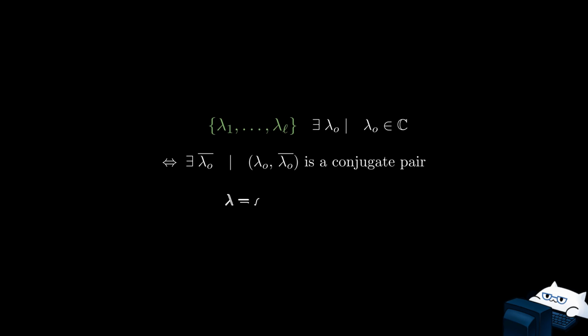Rewriting lambda and lambda bar using Euler's formula, we get this for each instance. This produces a real-valued combination with sine and cosine. From these real combinations, we can then apply the previous results without any restrictions.